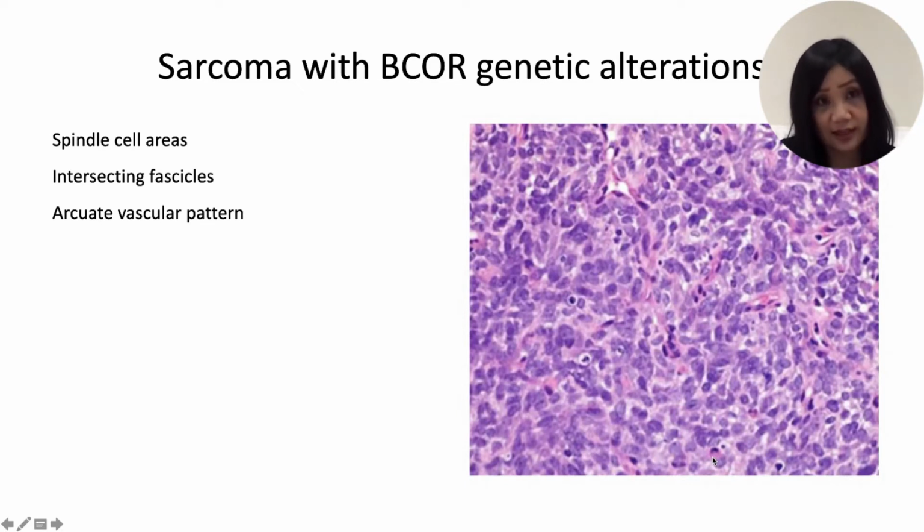In many areas, at least focally, there is frank spindling, and sometimes the spindle cell areas are very predominant and sometimes occur in a fascicular distribution with an arcuate vascular pattern. And when this pattern prevails, BCOR sarcomas can highly resemble synovial sarcoma or MPNST.